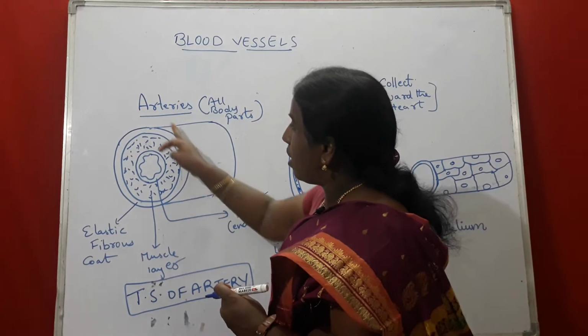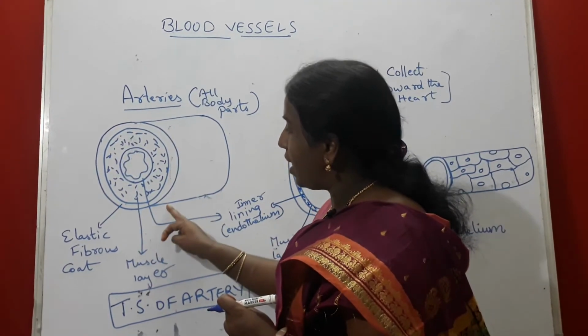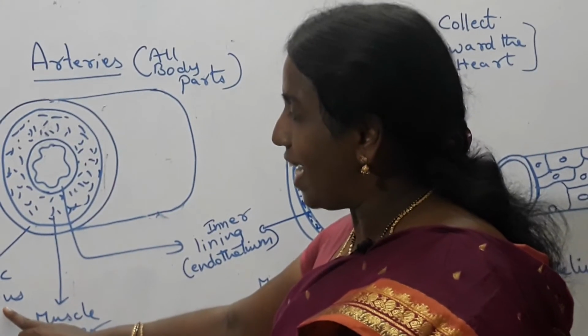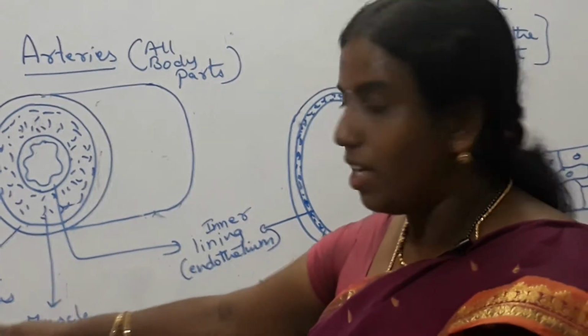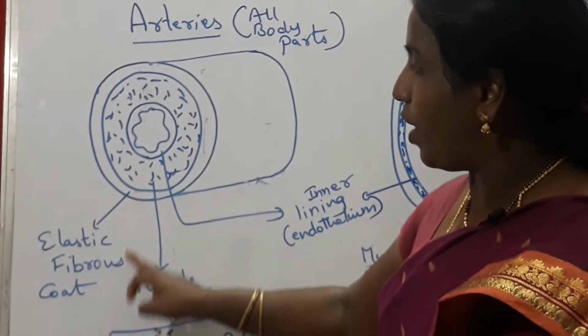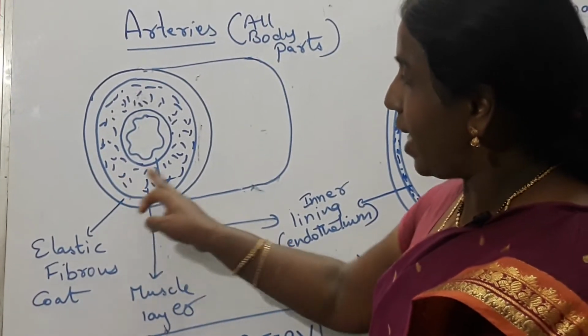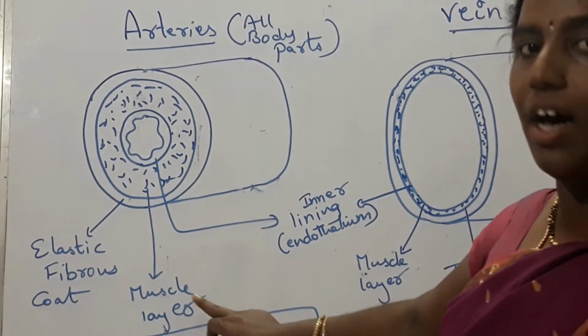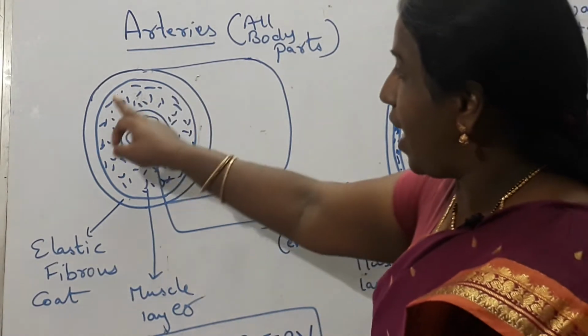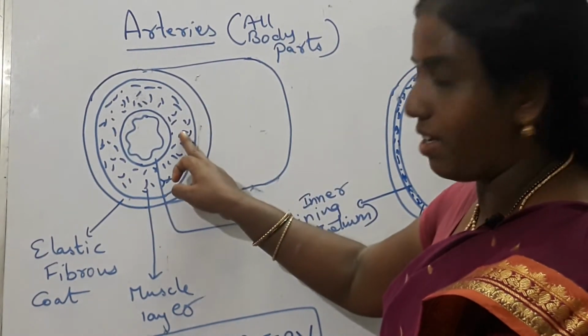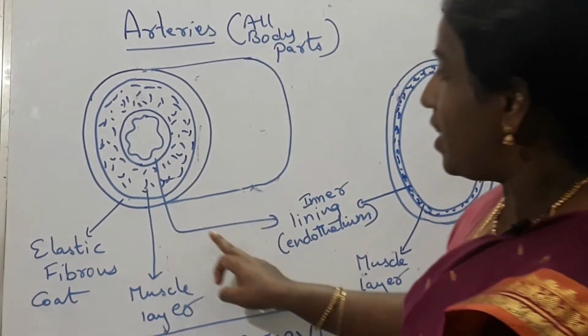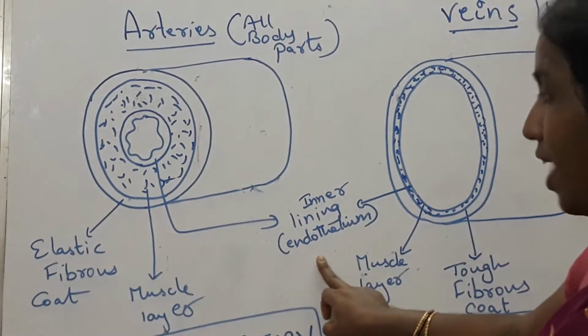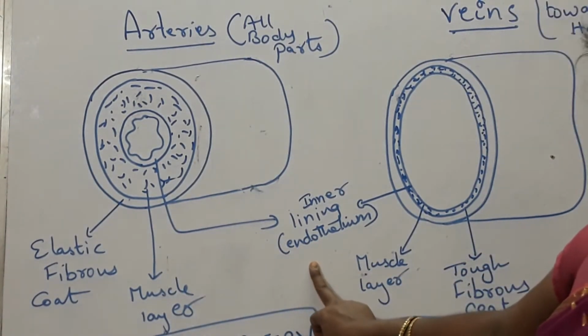The artery is covered with a basic lining, first an elastic fibrous coat. Inside this dotted one is the actual muscular layer. The inner one is the innermost lining of cells, that is the endothelium.